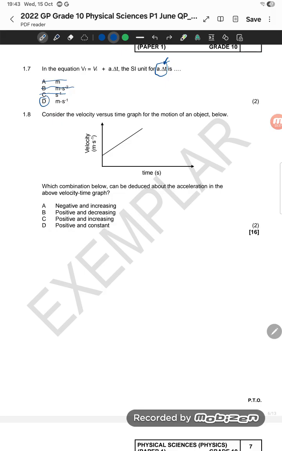Okay, consider the velocity versus time graph for the motion of an object. So velocity is meters per second, time is seconds. The gradient of the velocity time graph represents change in y over change in x, which is gradient.